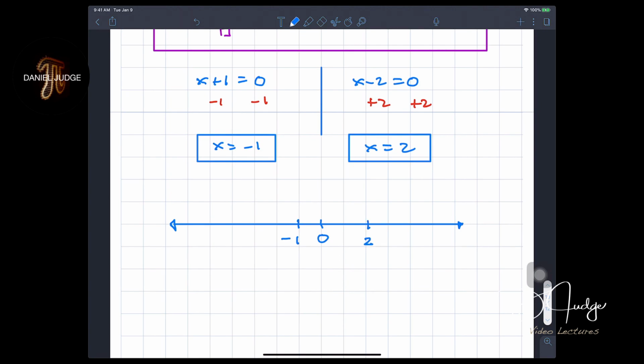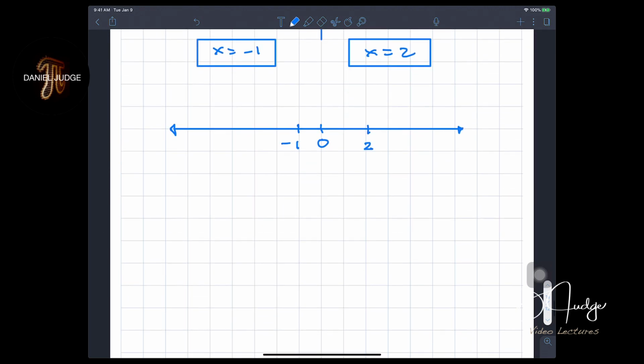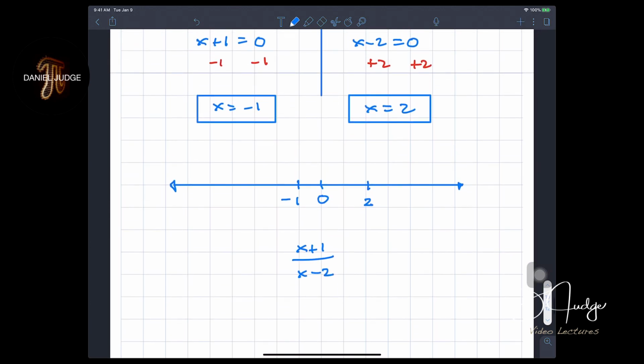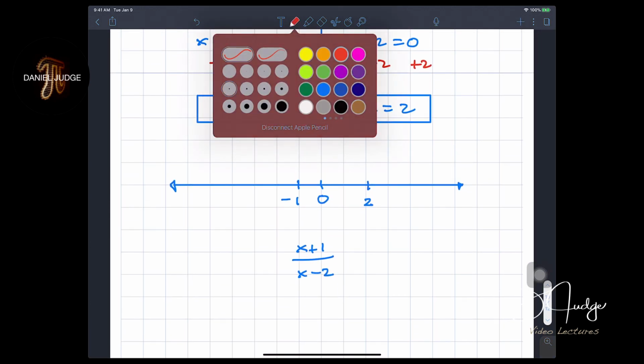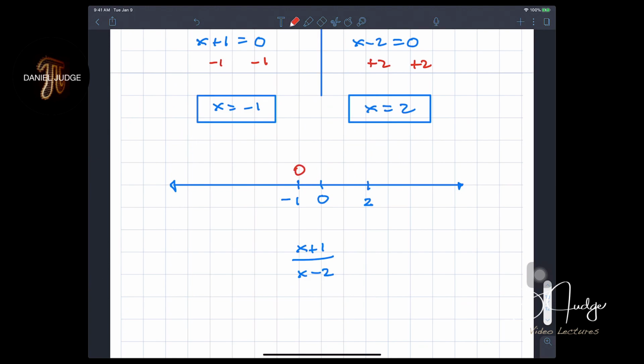So let's keep track of what this means. We have the fraction (x plus 1) over (x minus 2). This is what we're going to have to test the sign for. Remember, when x is negative 1, we put the 0 here, because for that value we get 0. We solve this equation. And when x is positive 2, the fraction is undefined.